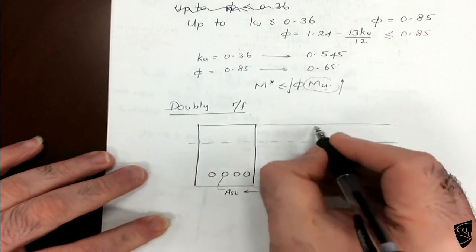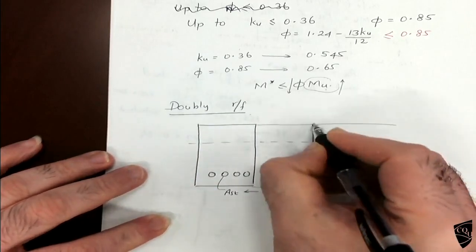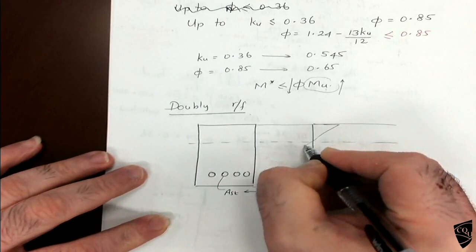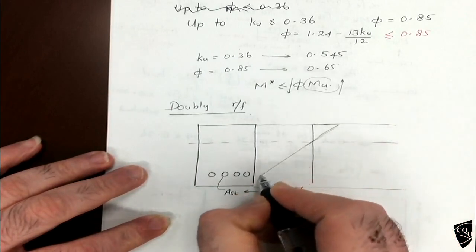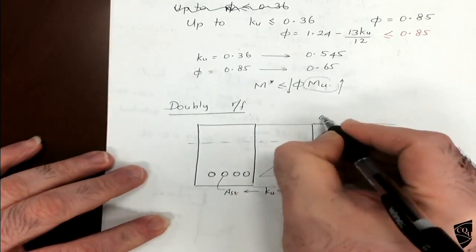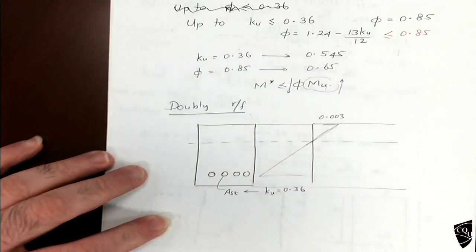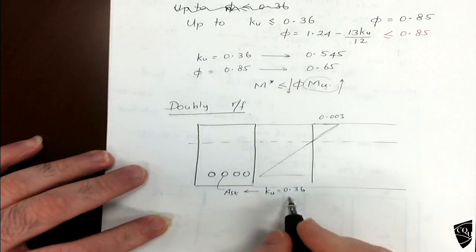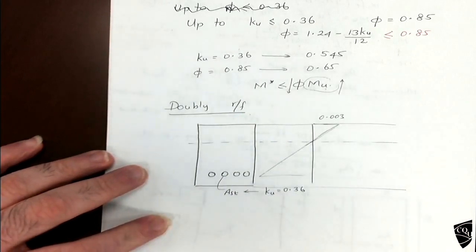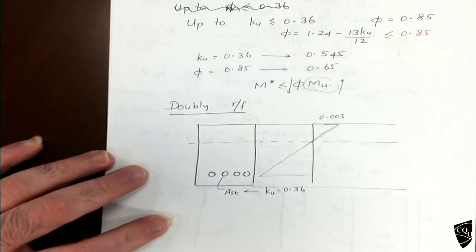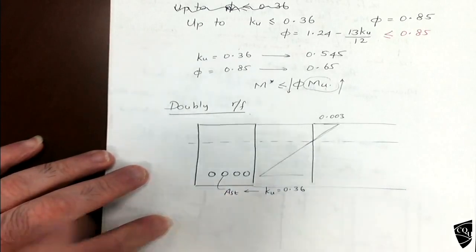The neutral axis is there, so you have the strain distribution. You got 0.36 with this Ast, I don't know how much, but for this Ast you reach 0.36.